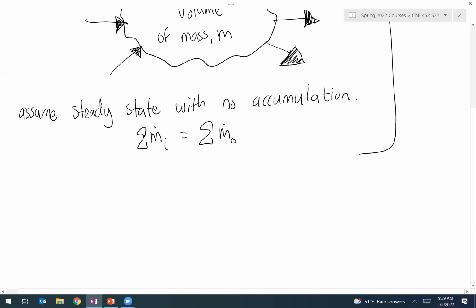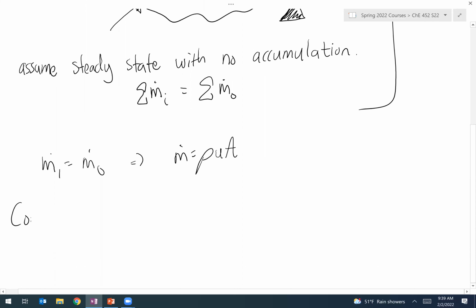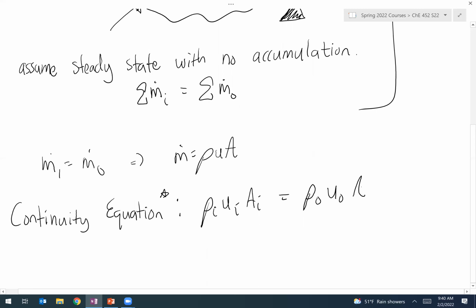Now we could extend this and say, well, if mass in is equal to mass out, and I know that mass is equal to the fluid density times its velocity times the flow area, I can arrive at the continuity equation, which states that density in, velocity in, area in is equal to density out, velocity out, area out.